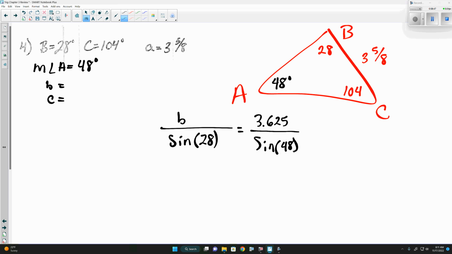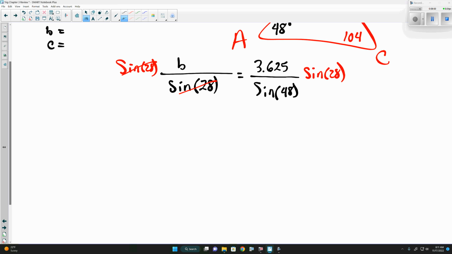And at this point here, we can multiply both sides by sine of 28. These here will cancel, telling us that B is equal to 3.625 sine of 28 over sine of 48.